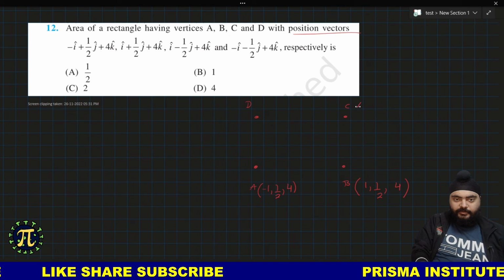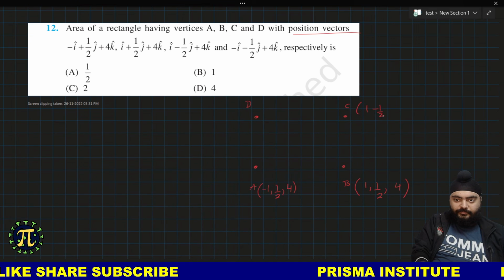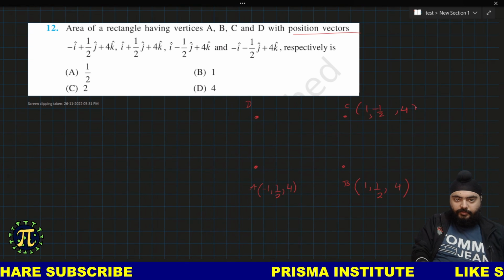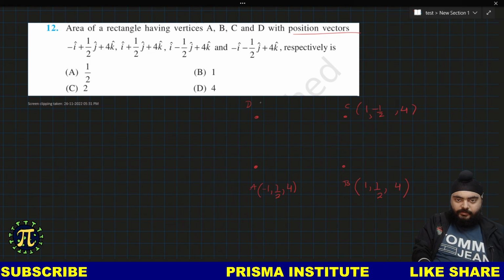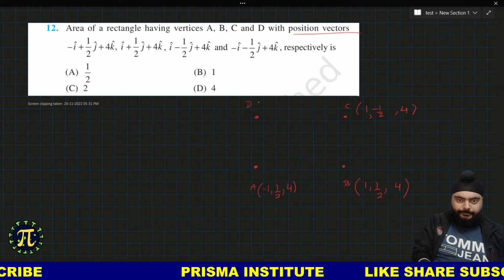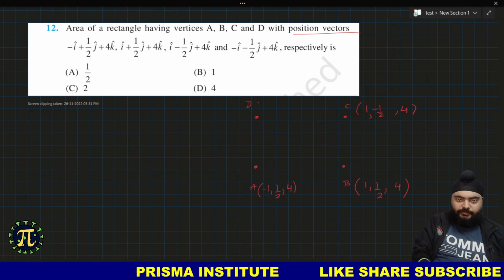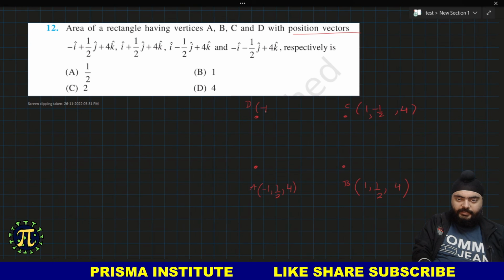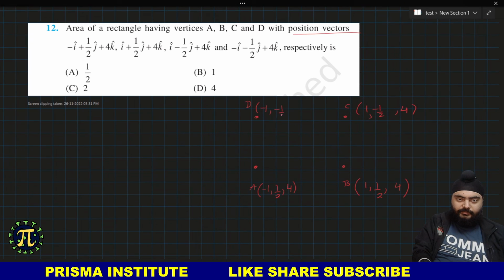C के coordinates will be 1, minus half and 4, and D का position vector given है, और उसका coordinate होगा -1, -half and 4.